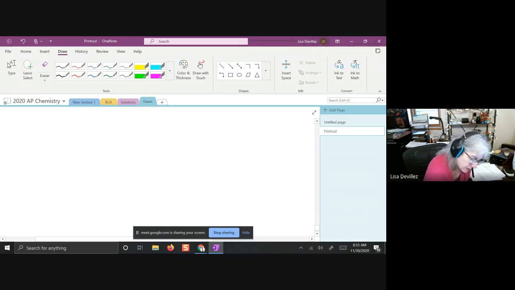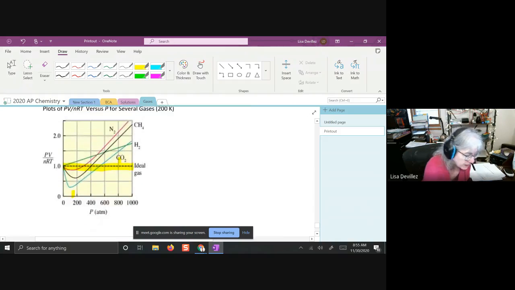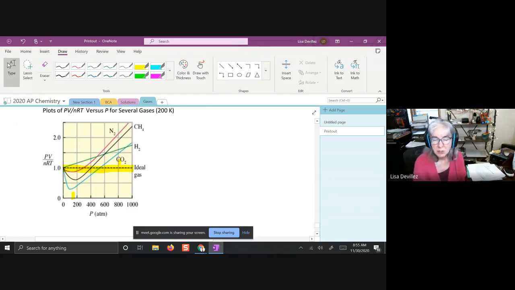I thought I had a graph for temperature too, but you would see something similar, except it would be flipped, in that the higher deviation would be at the lower temperatures. The higher the temperature got, the less deviation you would see.